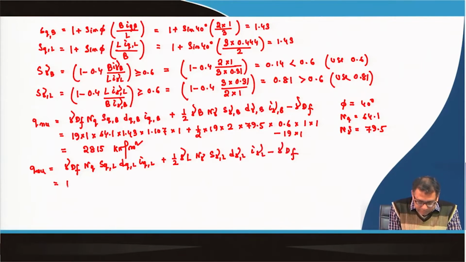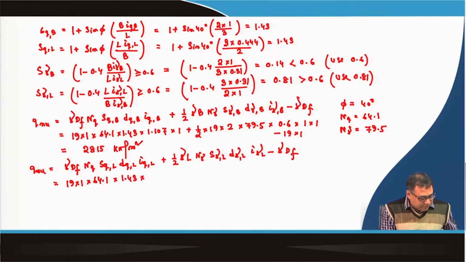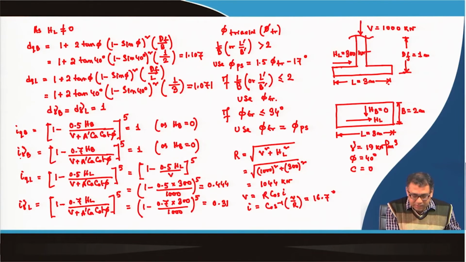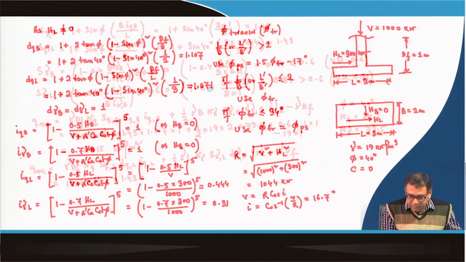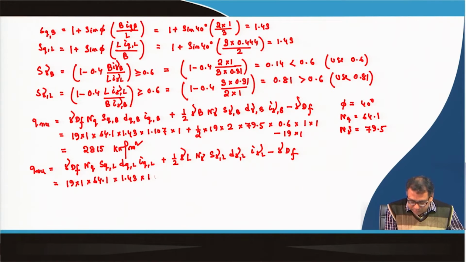So I will put this value 19 into 1 into 64.1 into S_qL, which is 1.43, then D_qL is 1.071, then I_qL is 0.444.